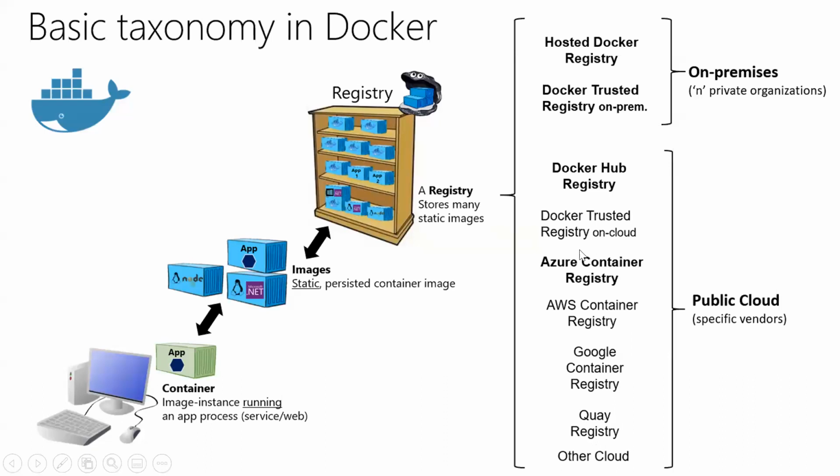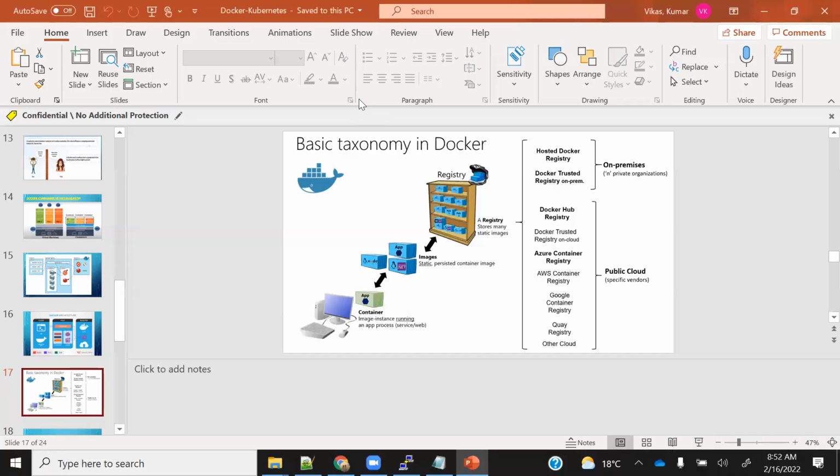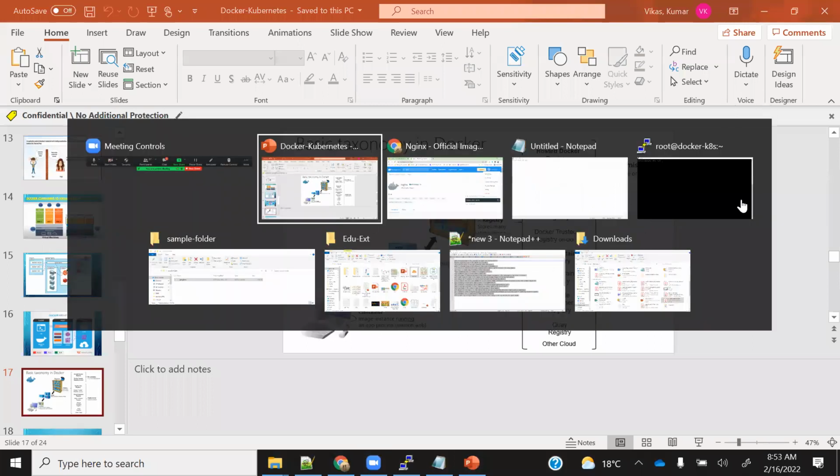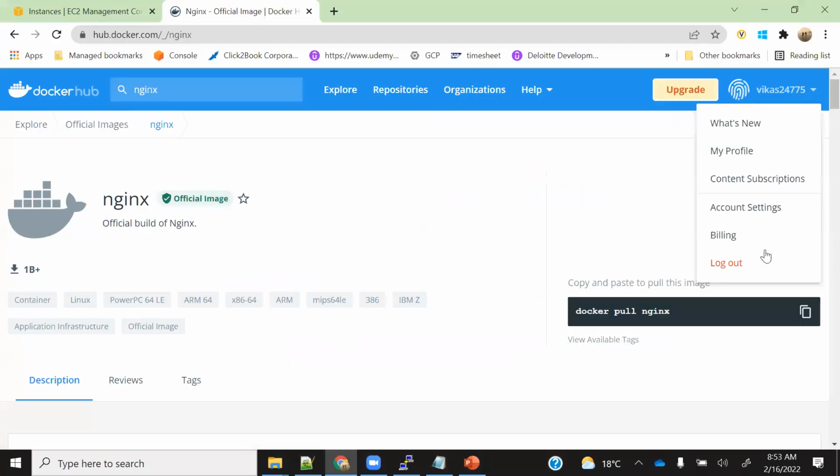So there are many Docker registries. Docker registry is nothing but a place where you're storing the code. In a real-time scenario, it will depend on your company where they store the content. But to get started, what you can do is go ahead with hub.docker.com and create an account here.